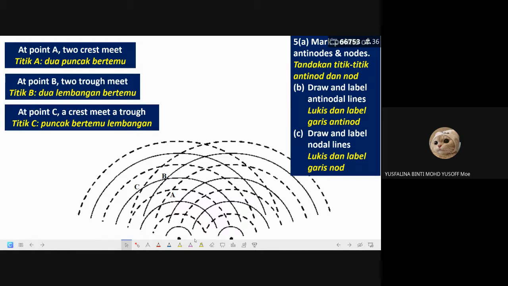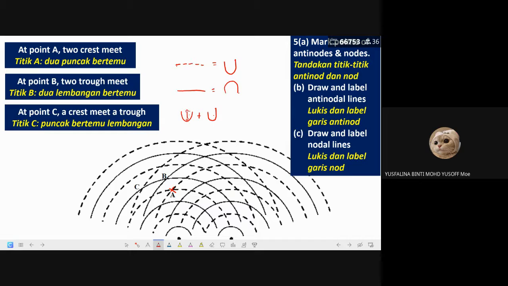The dotted line is the trough, and this solid line is the crest. Let's take point A. Here at point A, dotted lines meet dotted lines, so trough meets trough.